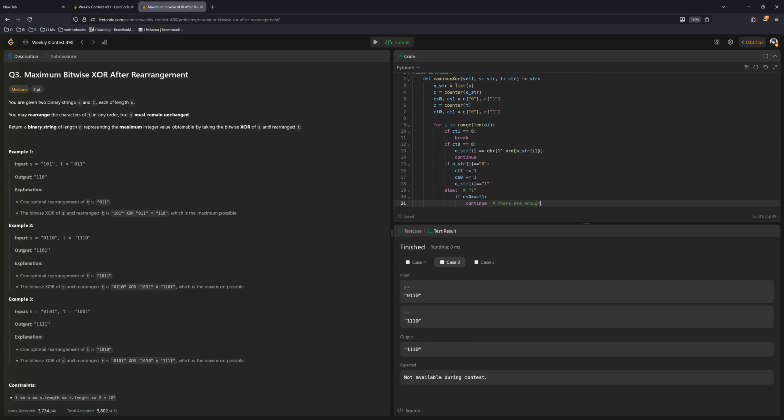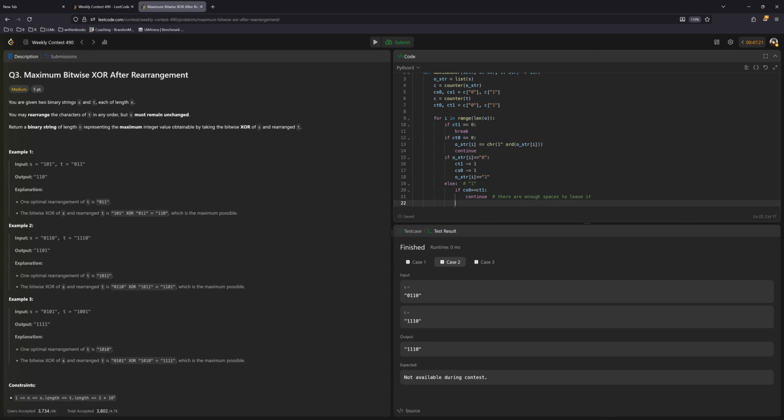There are enough spaces to leave it. Otherwise, we want to push the ones as far back as possible, right? We would like to push this back unless we don't have a choice. Yes. And we've already established CT of 0 does not equal 0.